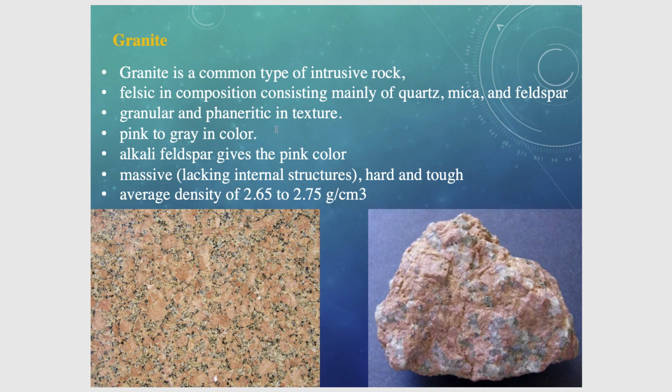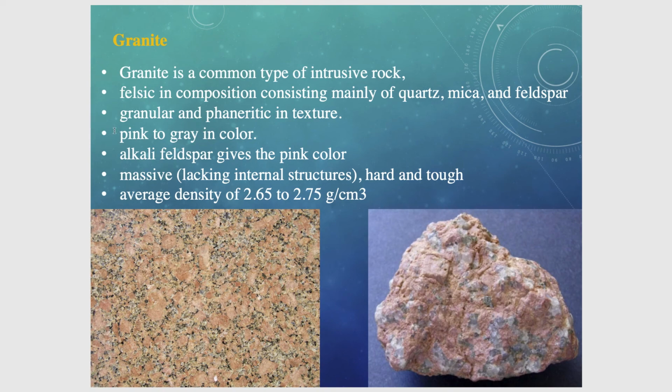So granite is a common type of intrusive rock, mostly felsic in composition. It will contain dominantly quartz, mica, and feldspar, and usually it's equigranular and phaneritic because the crystals are well developed. You will be able to see the margins of the crystals really well.